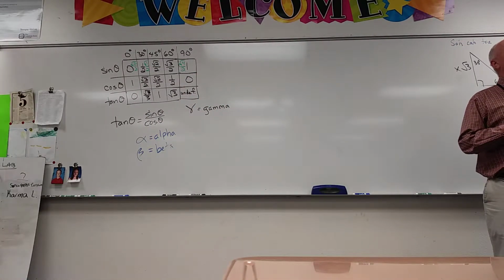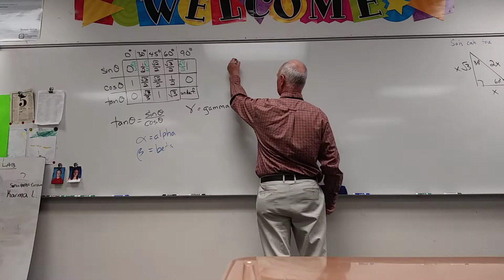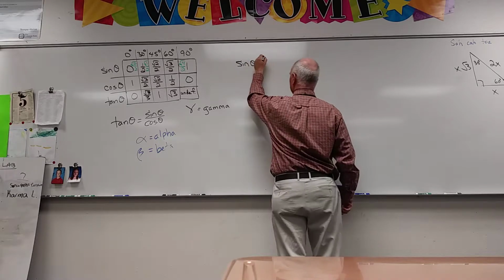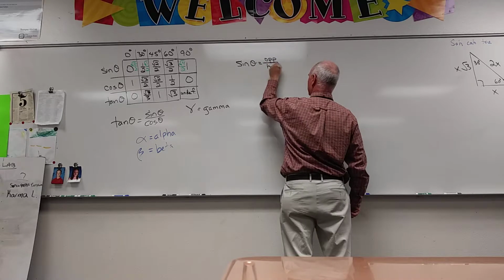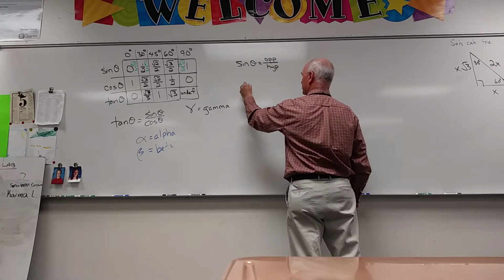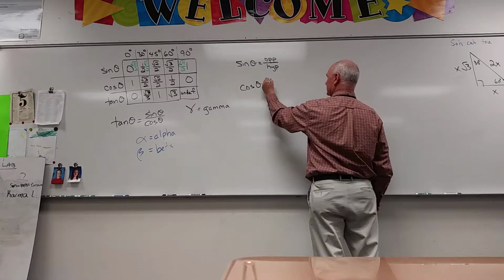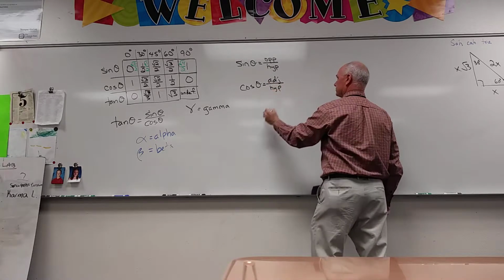So here's some of the stuff that we know already. Sine of theta is equal to opposite over hypotenuse. Cosine of theta is equal to adjacent over hypotenuse.